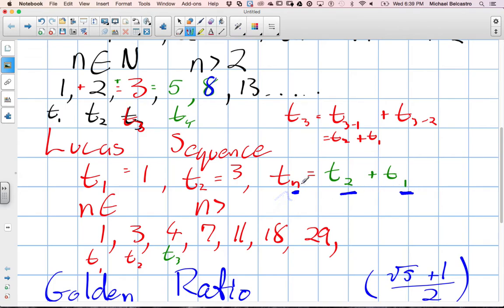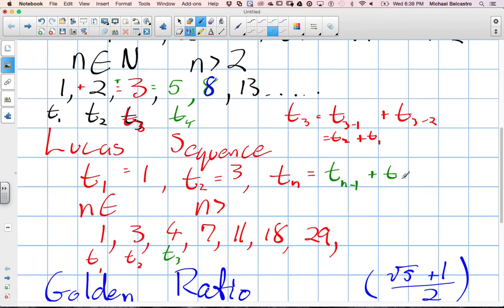If I'm looking for the 5th term, would it be the same as the other one? Yeah, so how did they write the other one? Tn minus 1 and Tn minus 2. Yeah, exactly. So you're taking the term just before it, and then the term 2 before, or before the previous one.